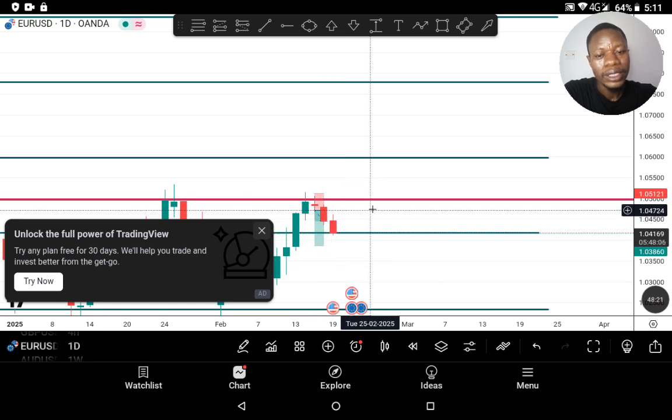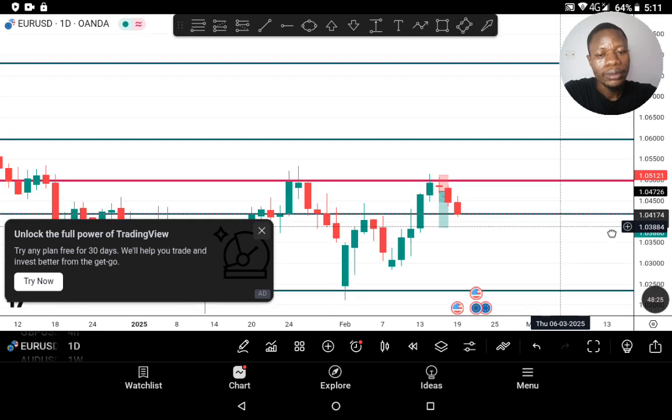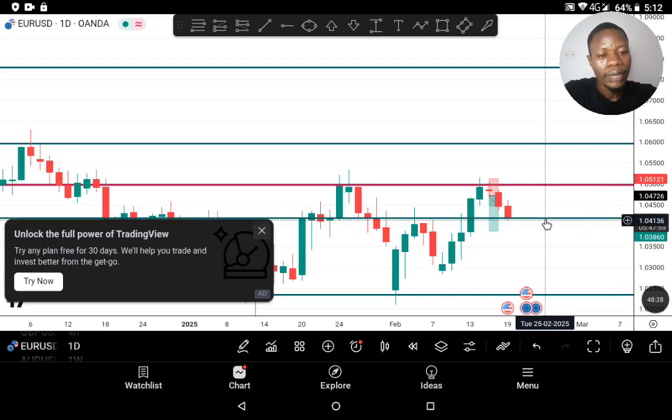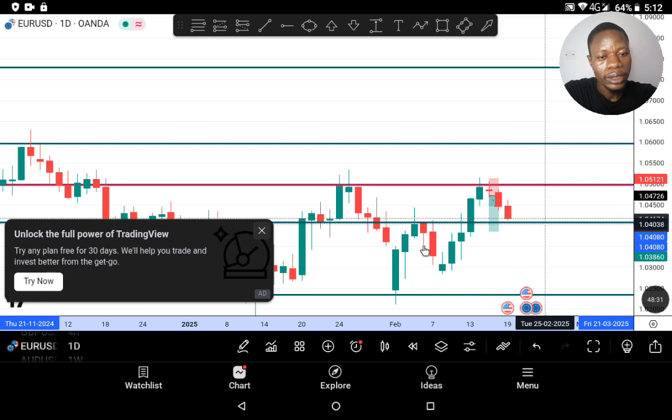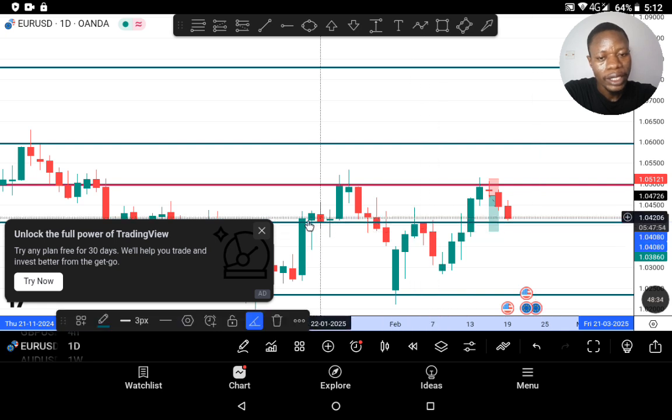So you can see the market sold and sold back to this daily structure. You can see there's a small resistance level here, so I expect the market to reach this level.